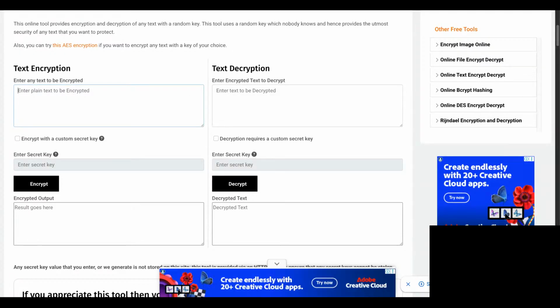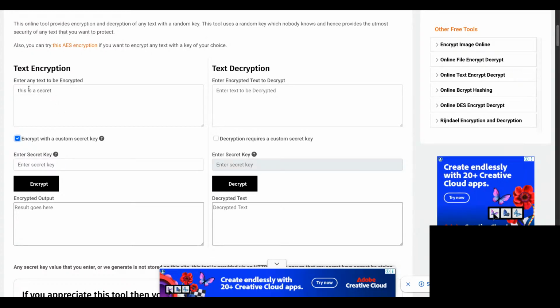So encryption is hiding data to ensure that only the authorized person can see it. If I was sending maybe a secret message, this is a secret, and I don't want anyone else to see it, I will encrypt it. This is just a web tool to demonstrate how encryption works.